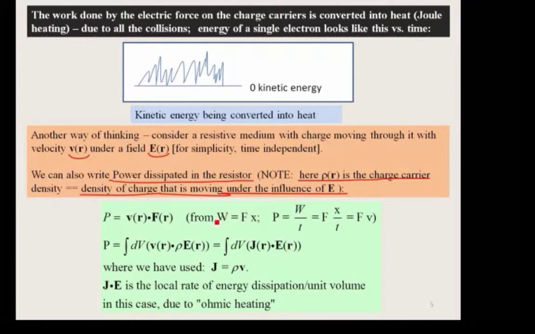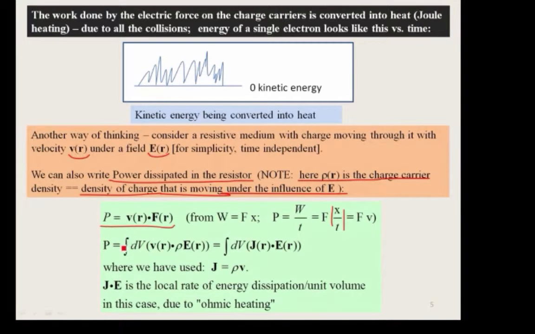If you want the power, you divide this by time. So if you take Fx divided by time, you get the velocity. That's the root of this equation, where we've taken into account that these are vectors, and the components that are parallel to each other are the important ones.